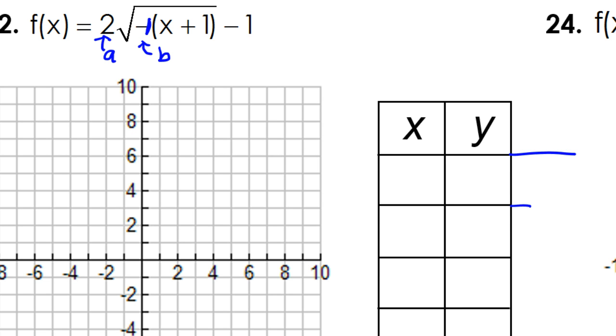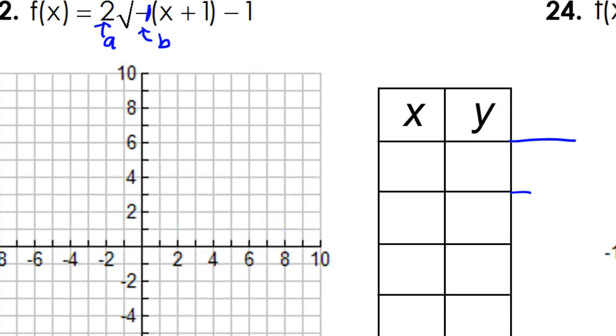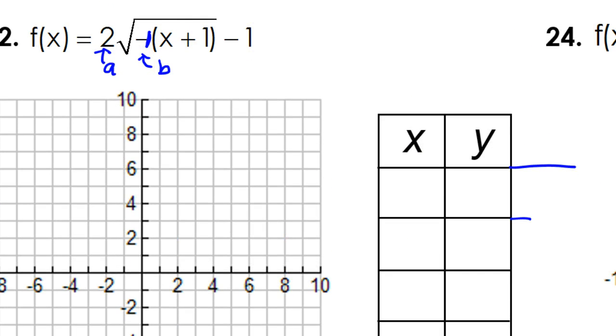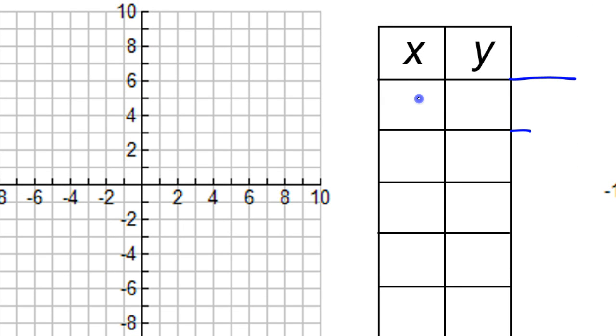Well, you know what? First of all, let's start off with what the original number should be. This is a square root problem, so we will use the x values that we can take a square root of. We can't take a square root of a negative, but we can take the square root of 0, and without even using a calculator, we know the square root of 1, the square root of 4, the square root of 9, and the square root of 16.